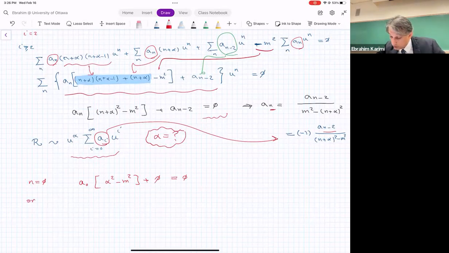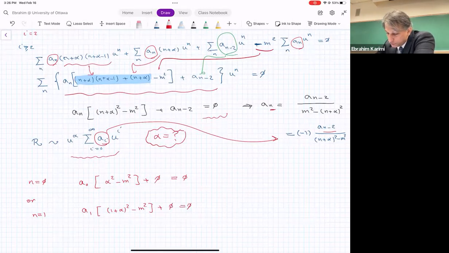Or we have n equal to 1, which the result will be A1 times 1 plus alpha to the power of 2 minus m squared, plus A minus 1, which is again 0, equal to 0.